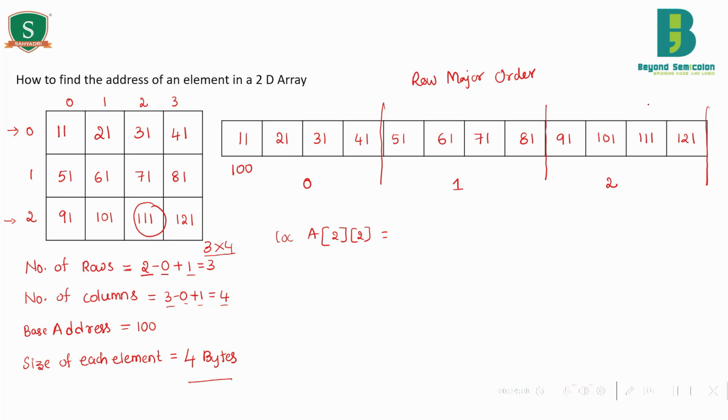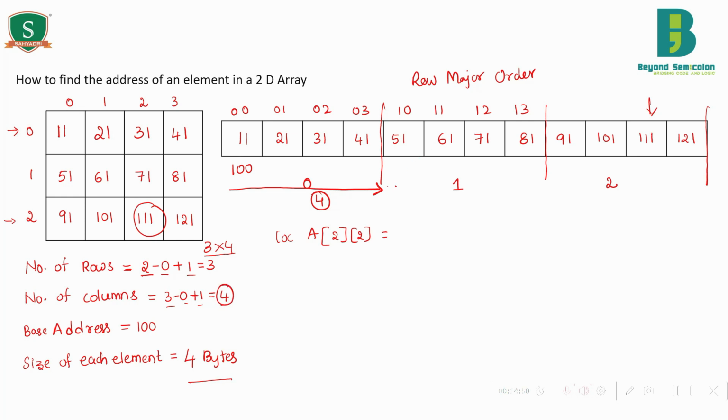If you want to reach it, this is 0th row, 0th column; 0th row, first column; 0th row, second column; 0th row, third column. This is first row, 0th column; first row, first column; first row, second column; first row, third column. That means if I want to cross the complete first row, I need to cross 4 elements first. That 4 is nothing but the number of columns.